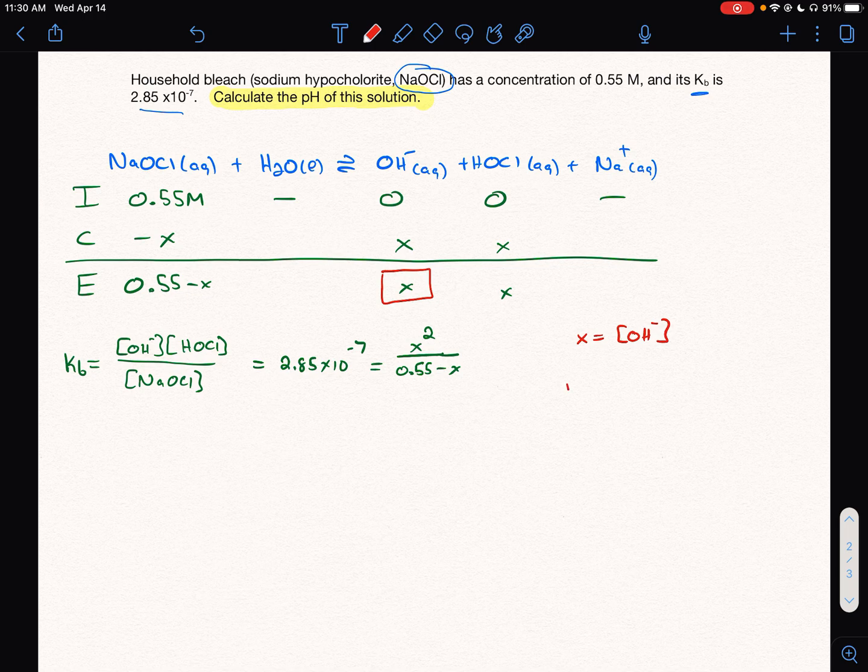So if we can solve for X, we can find the pOH from the negative log of hydroxide. And if we know the pOH, we can find the pH from 14 minus the pOH. So that's our process to find the pH of our solution. But first, we need to solve for X.